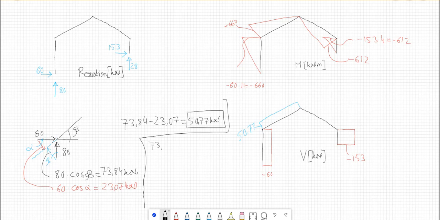Whereas at point C, those forces from 80 kilonewton and 60 kilonewton act in the same direction, so it will be plus. So that will be 96.92, and that's also in minus.